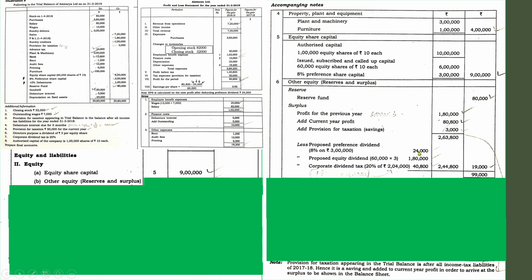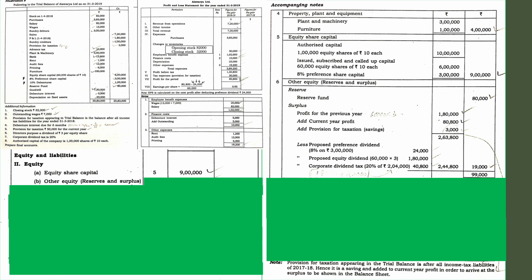Show that 24,000 here. Next, in the additional information, it was mentioned that the company has to pay rupees 3 per equity share. So what is the number of equity shares? 60,000 equity shares. So 60,000 into 3, 1,80,000. And finally, the corporate dividend tax percentage is already mentioned, 20% on the dividend provided by the company.